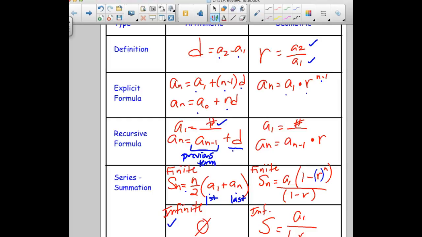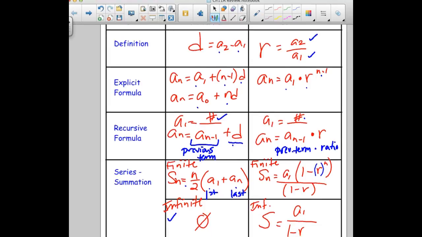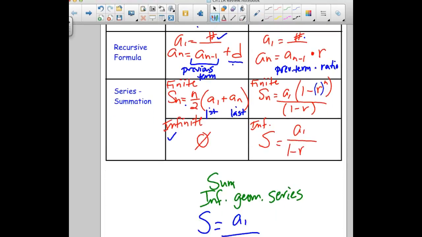Our recursive formula, again, you'd have to be given the first term to start it out, and then we take the previous term and multiply it by r, our common ratio. And then remember, for the geometric series, we have two different formulas, one for a finite sum and one if we're looking at an infinite one.